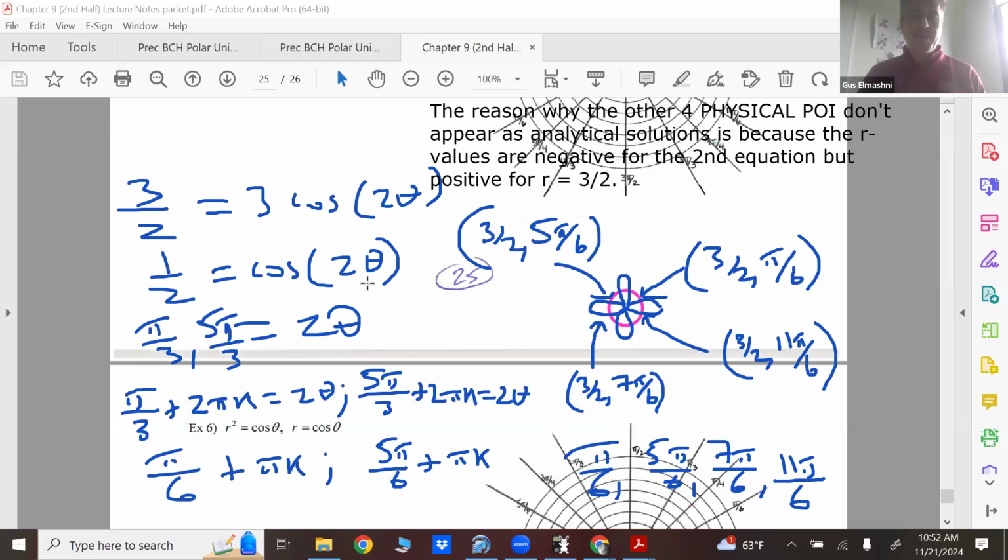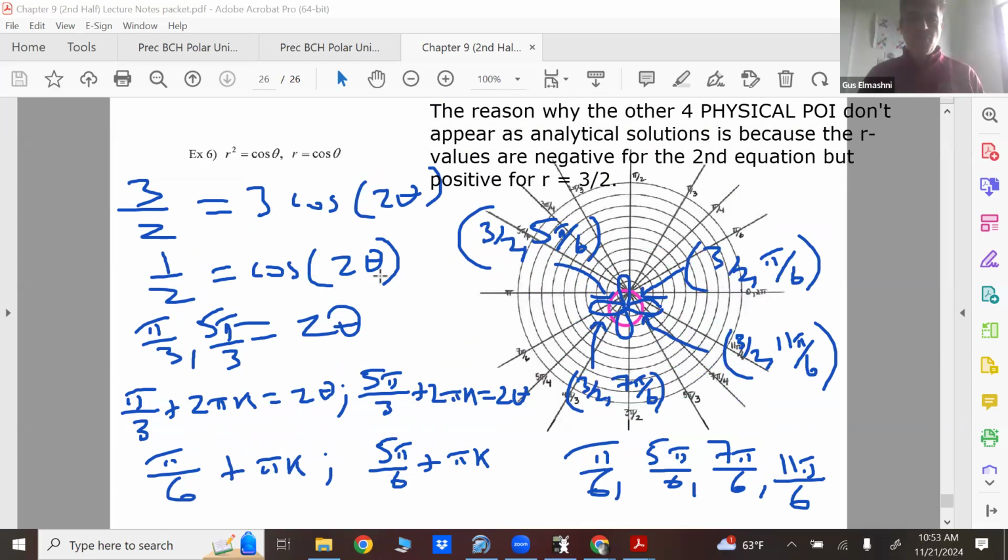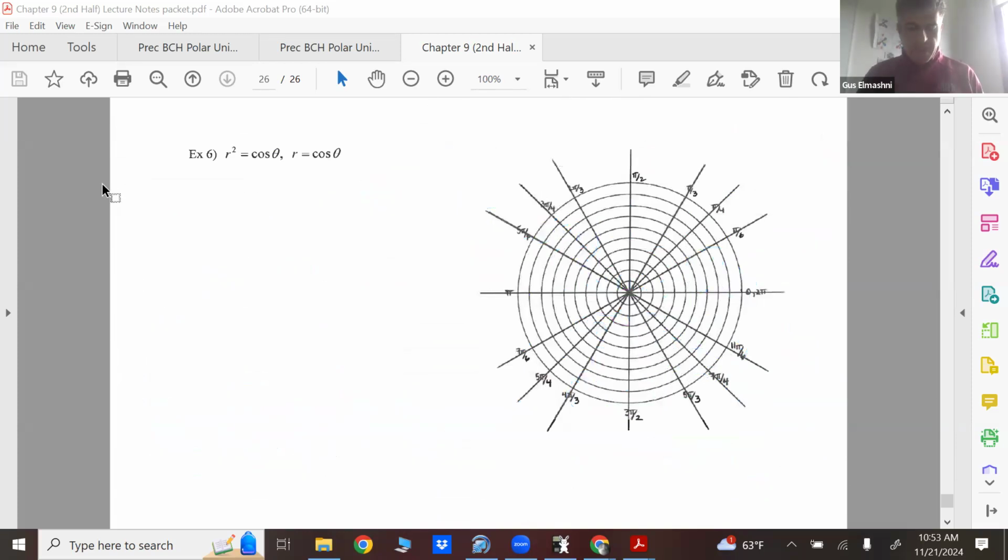All right, so last one, example 6. So let's set them equal to each other again. Or let's substitute actually.